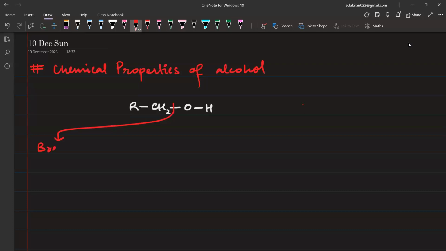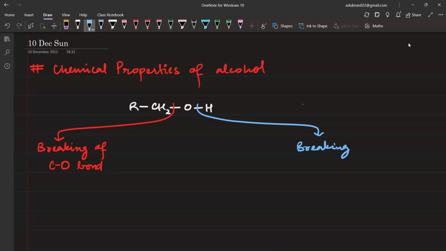So we'll write breaking of CO bond. It can lead to some reactions. And the other one is the breaking of OH bond, which can lead to some reactions.